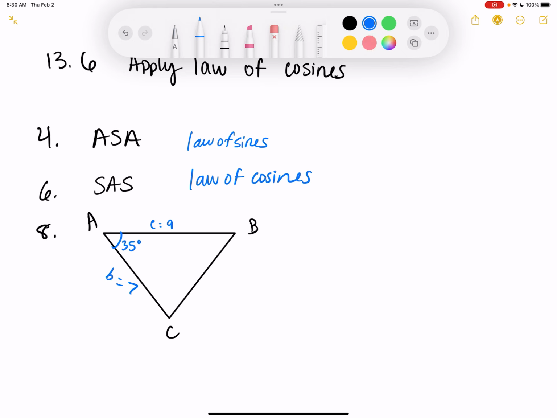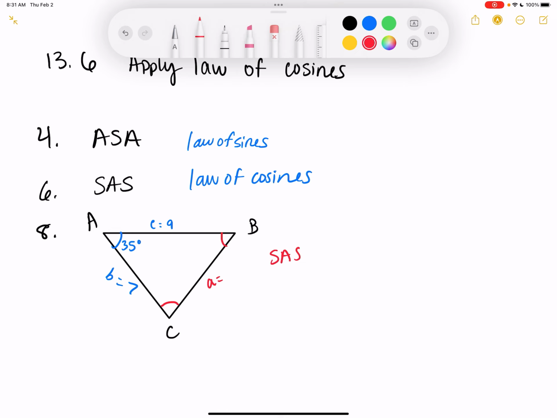So we don't know angle B, angle C, or side A. So what scenario is this? Side, angle, side. Okay, so that means law of cosines.